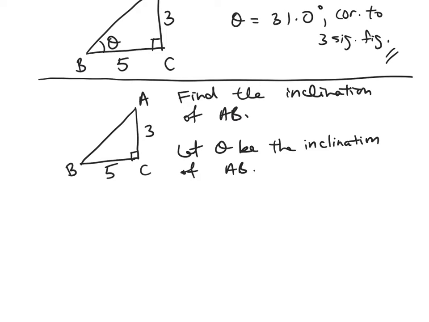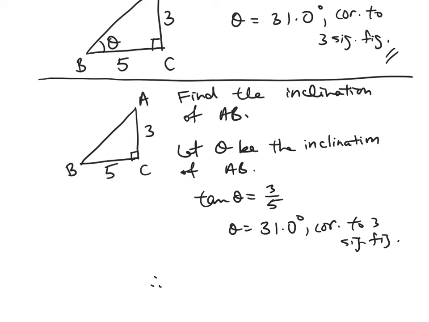Since we defined theta, we can use it. Tangent theta equals 3/5, so theta is 31.0 degrees correct to 3 significant figures. Therefore, the inclination is 31.0 degrees.